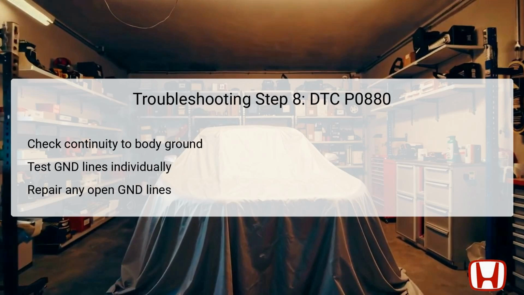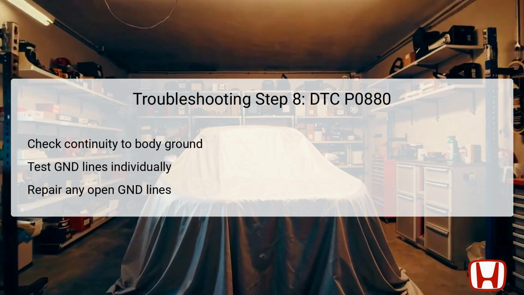The final step in troubleshooting DTC P0880 involves checking continuity between the specific terminals of the TCM 58P connector and body ground under the vehicle's lock mode.